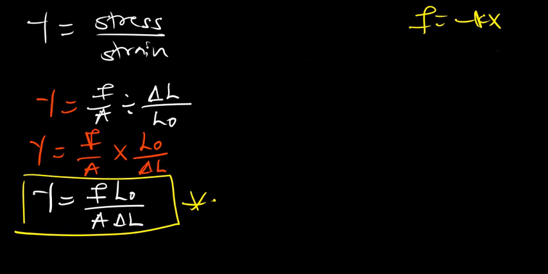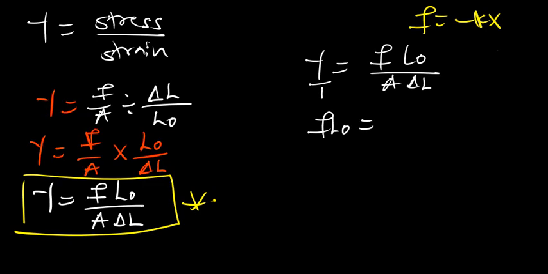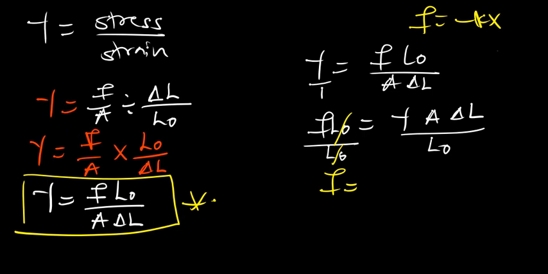So we have Young's modulus equal to F times L initial divided by area times the change in L. If we cross multiply, making F the subject, it will be F times L initial is equal to Young's modulus times area times the change in L. Then we divide both sides by L initial. These two will cancel out and we end up with force being equal to Young's modulus times area times the change in L, divided by L initial.